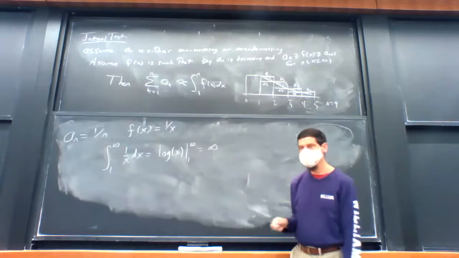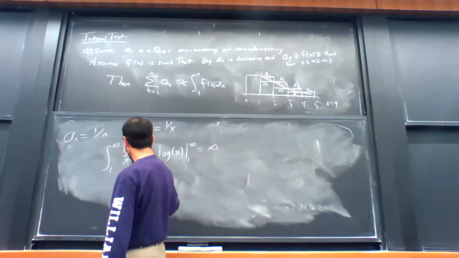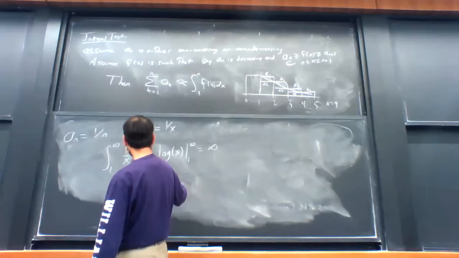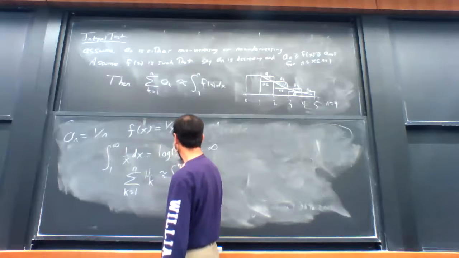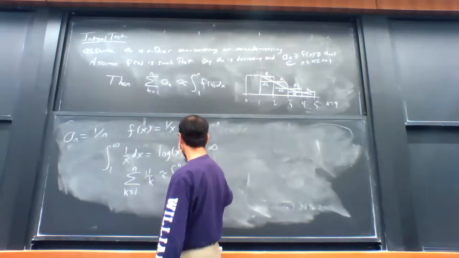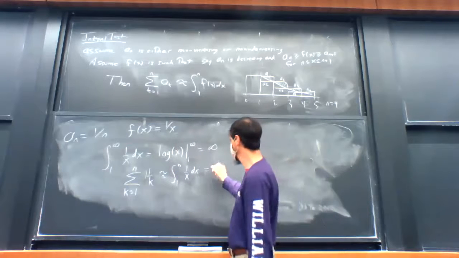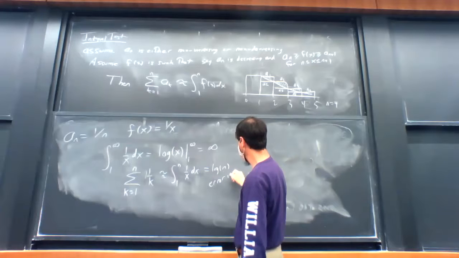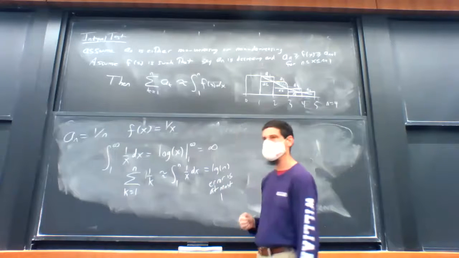But we can do better. If we wanted the sum, k goes from 1 to n of 1 over k, this is approximately the integral from 1 to n of 1 over x dx, which is just the log of n, and the error is at most 1.